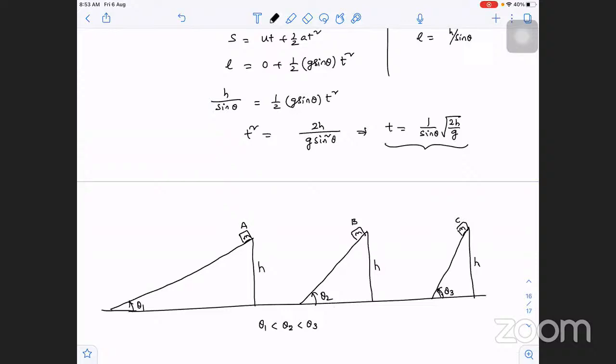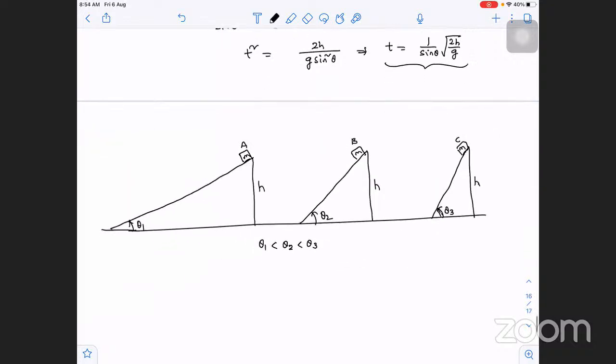This does not require any physics. Physics is not needed. If you want, show this same diagram to anyone at home. Ask them which block will come first. They'll say without any thinking, without any calculation, that C is the block because the slope is more. If the slantness is more, then automatically it will come down faster.